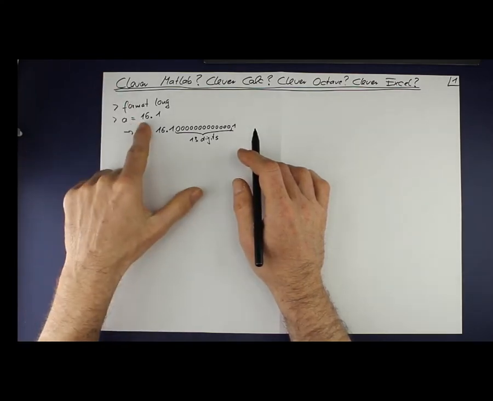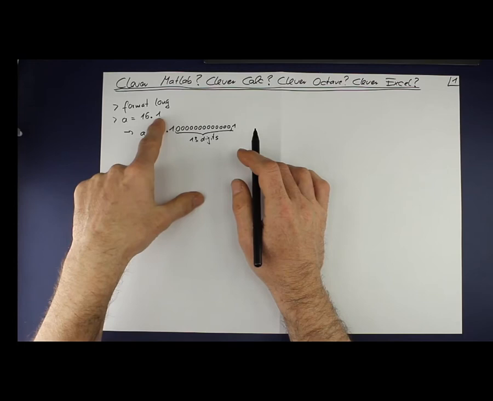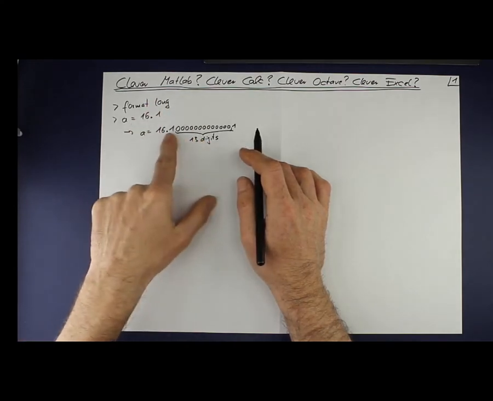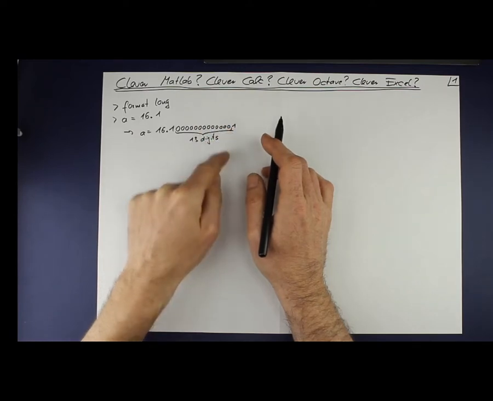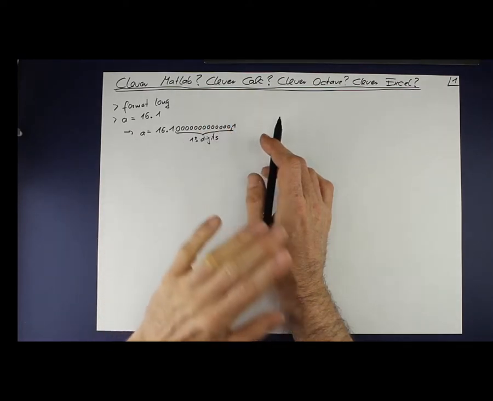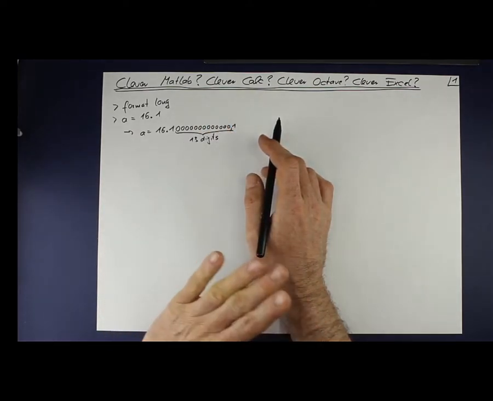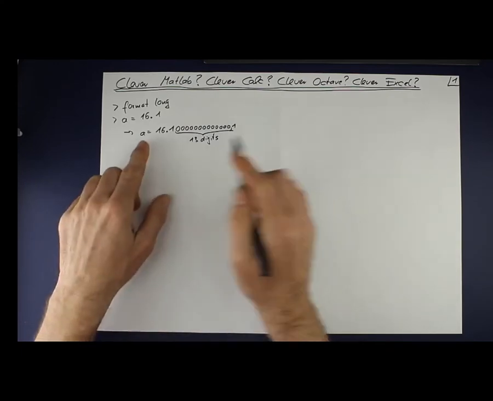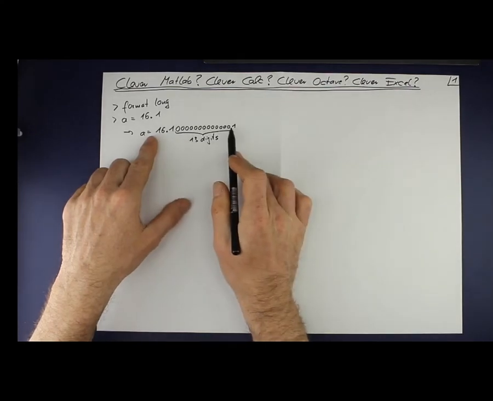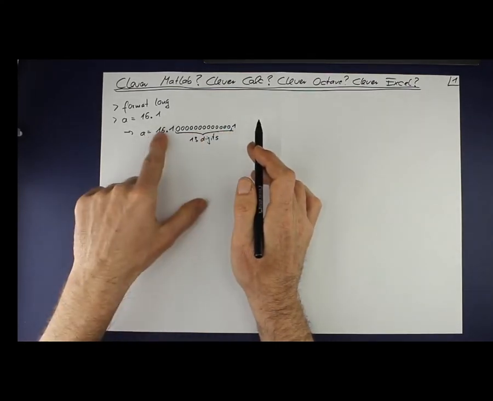I typed in a = 16.1 and on the display was 16.1, 000 and a 1 following. A 1 following, and that does not make any sense. How is that possible? Let's count the digits. 13 zeros, 1, 2, 3.